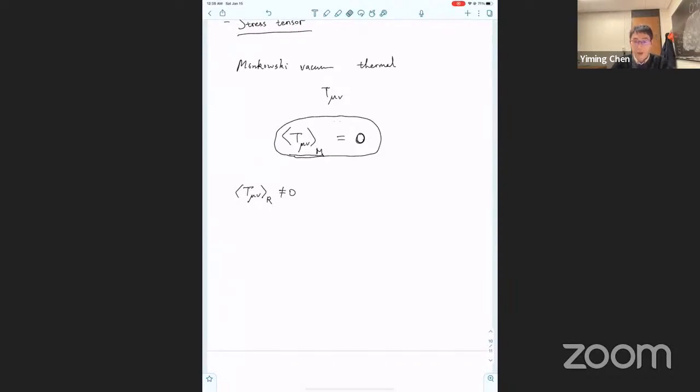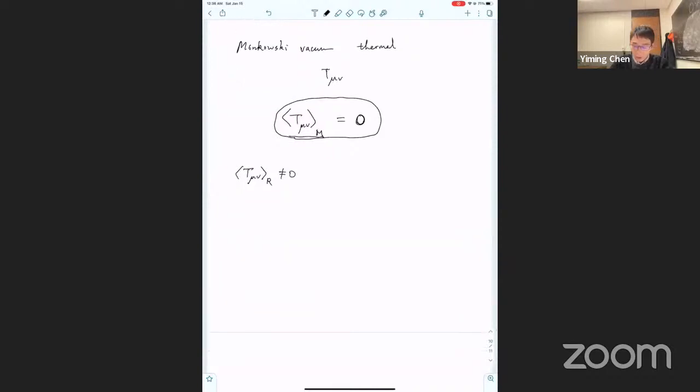Let me say it this way. The stress tensor in quantum field theory is in general a UV divergent quantity. So we always subtract the UV divergent part. And if we are a Minkowski observer, we always subtract the UV divergence that is in the Minkowski vacuum. So that's why the stress tensor of the Minkowski vacuum is 0.